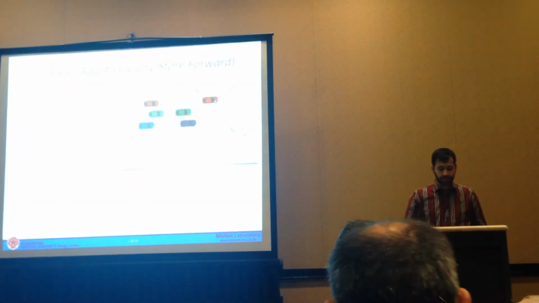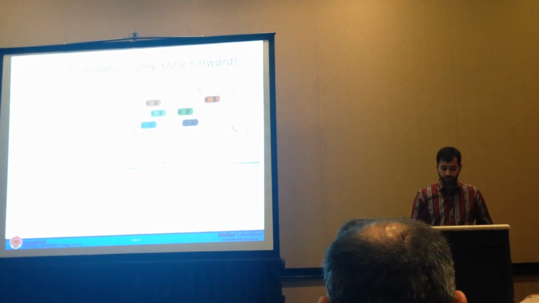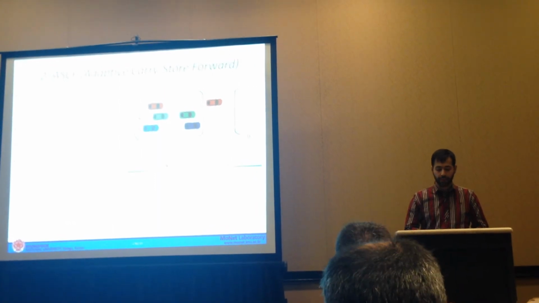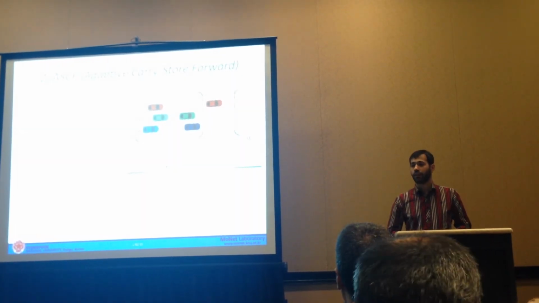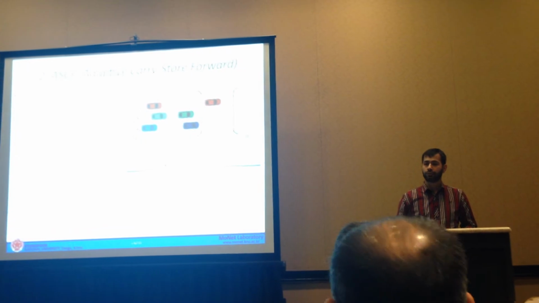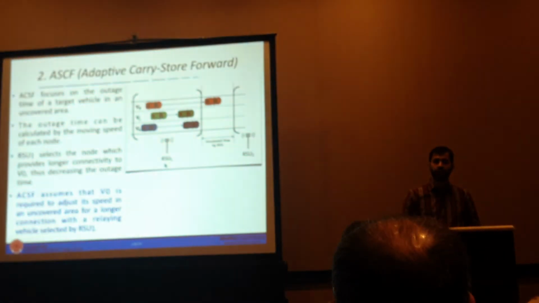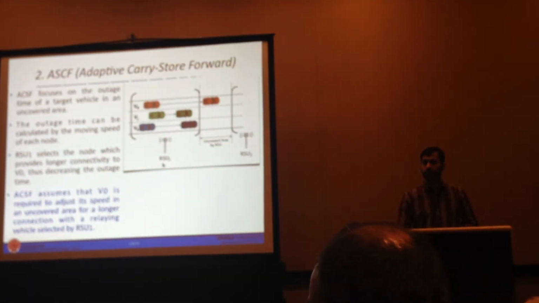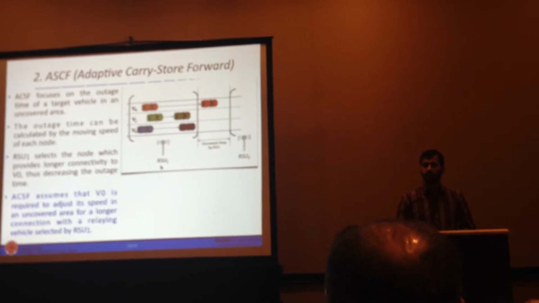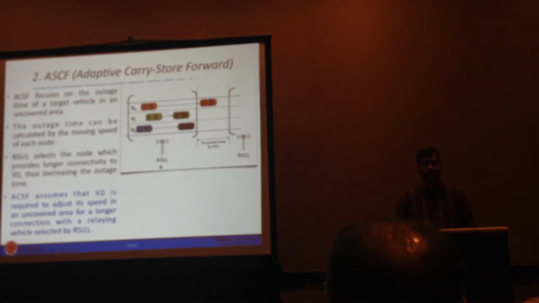The scheme was basically that, for example, we have RSU1, and it selects the node which provides longer connectivity. The mechanism was defined to evaluate which vehicle will provide longer connectivity, depending on its speed.